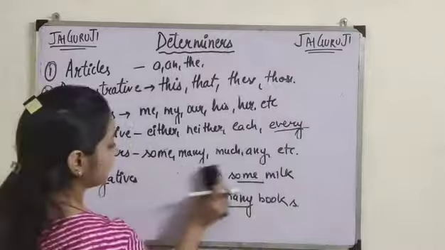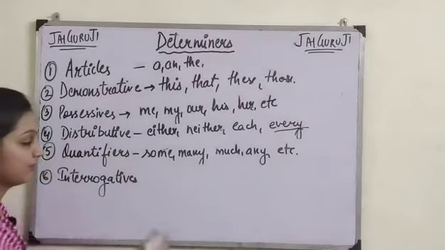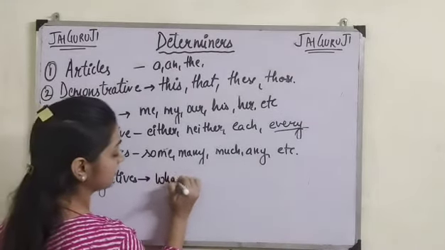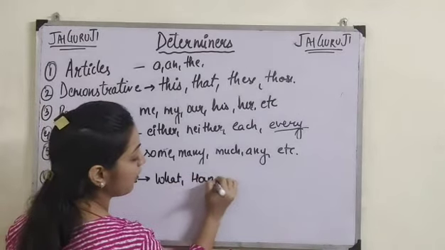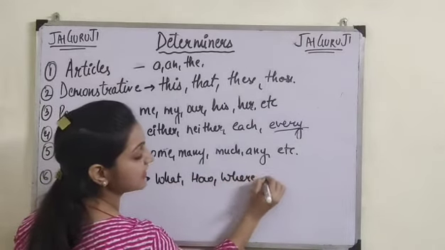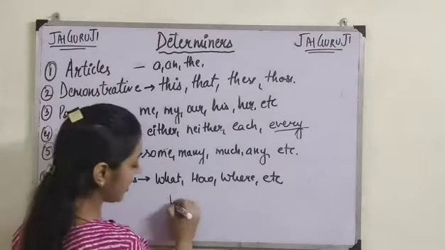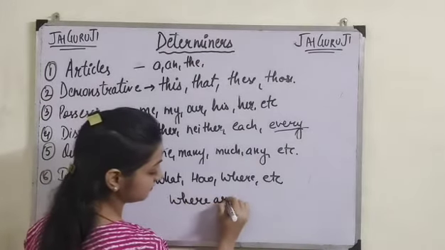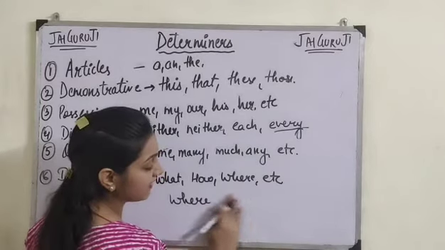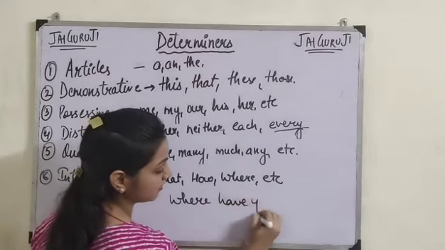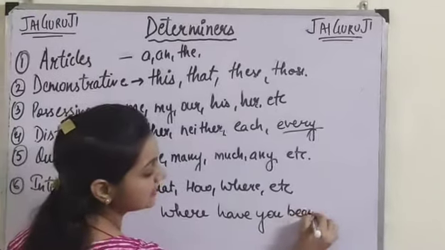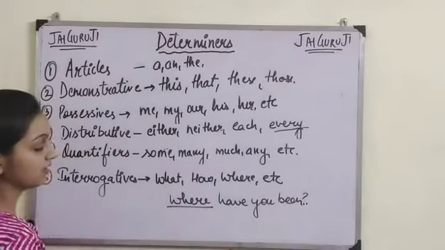The last one is interrogative, means question form, where we are using what, how, where. It can be etc. Like what is your name? Where are you going? Where have you been? Means it's an interrogative determiner.